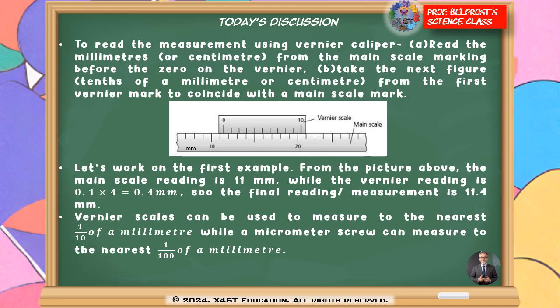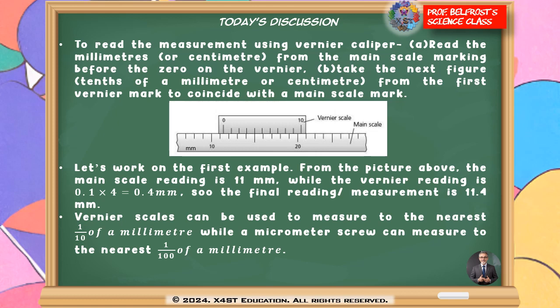But for some vernier calipers, they use centimeter. You can see in the picture it's not millimeter written, but centimeter. We just apply the same rule. It's the same way to do the measurement, but the unit is different. But in all my videos, I will make it uniform. I will use millimeter.